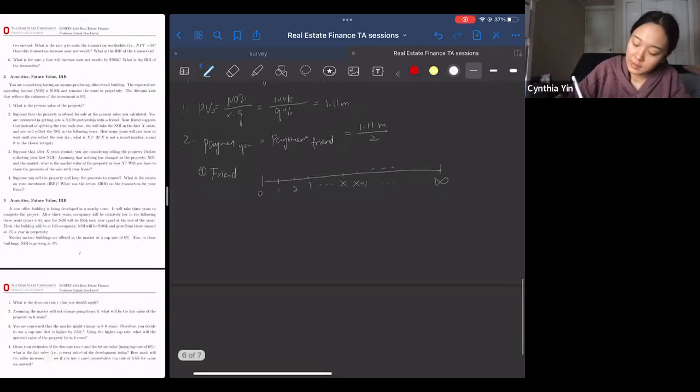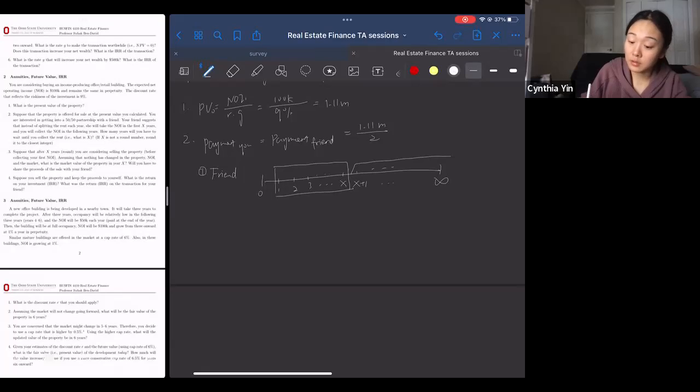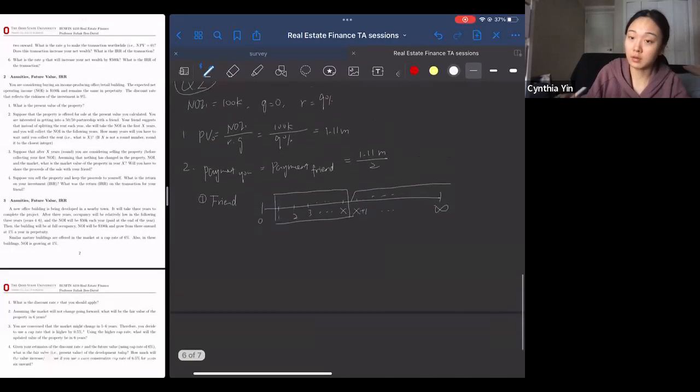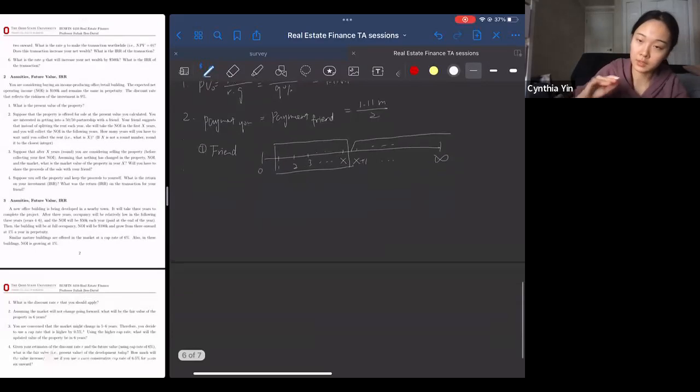What your friend gets is the cash flow from year 1 to year X, and what you get will be from year X plus 1 to the future. This is infinite for you. So your friend gets an annuity because the NOI does not grow at all. It's an annuity without growth.